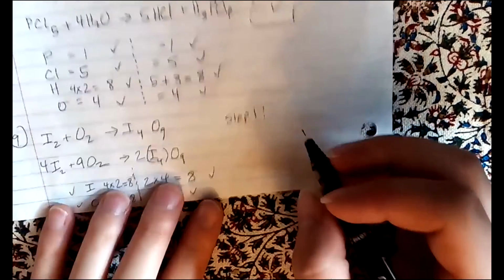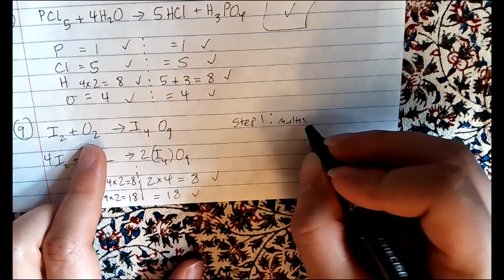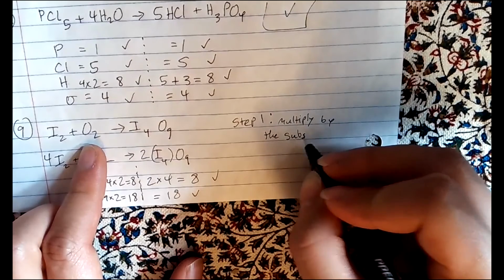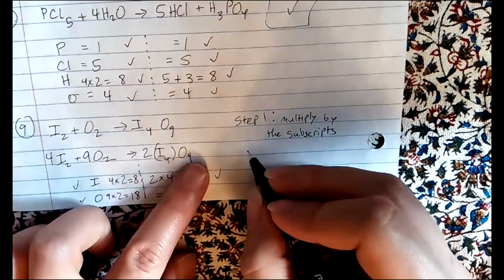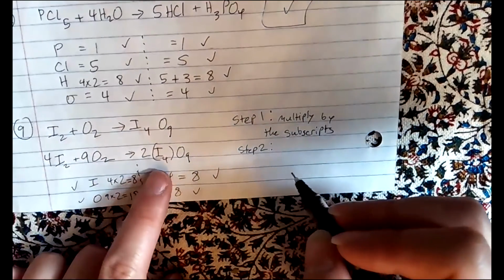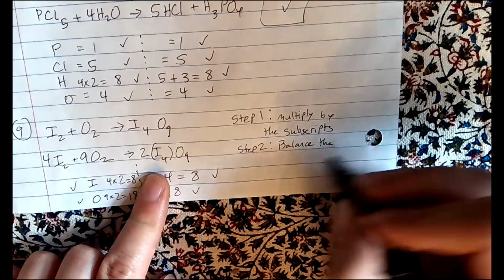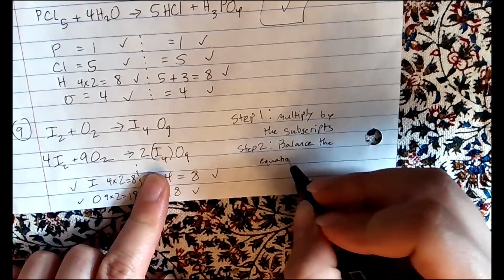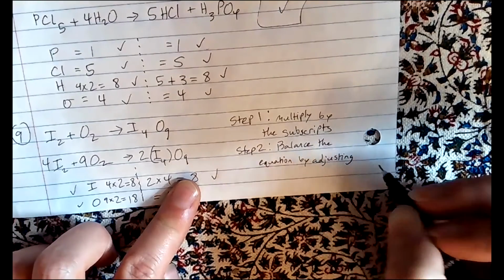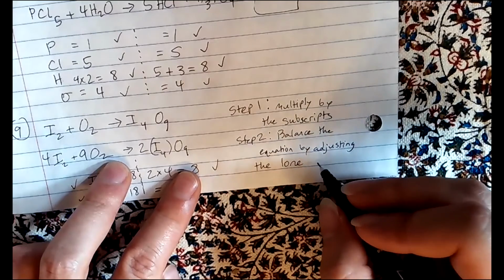So step 1, multiply by the subscripts. Step 2, balance the equation by adjusting the lone atom.